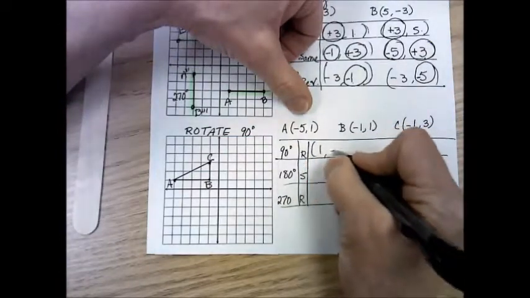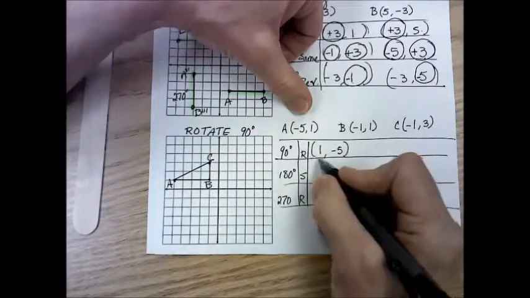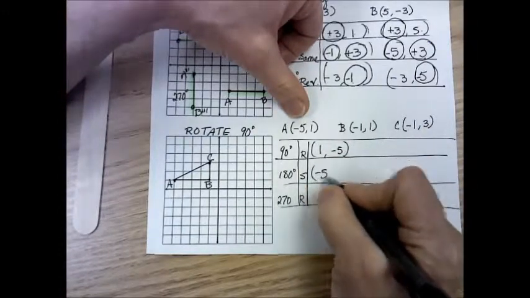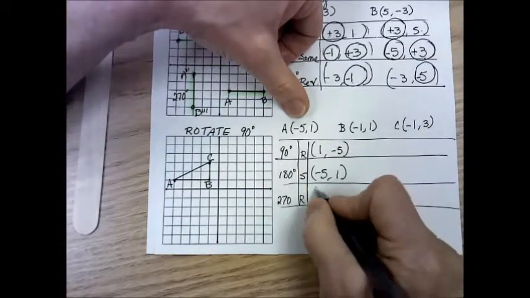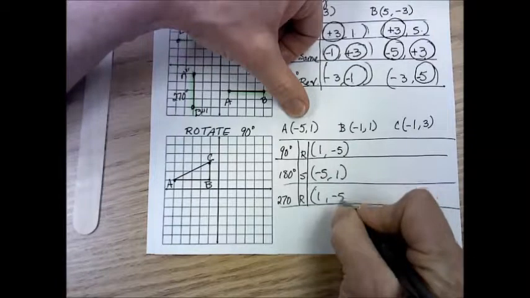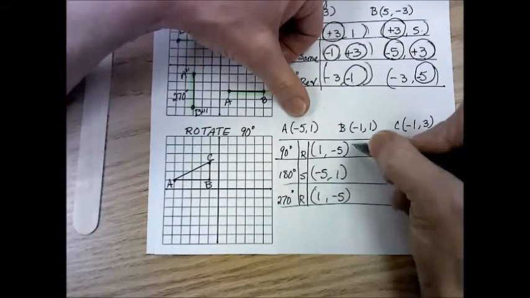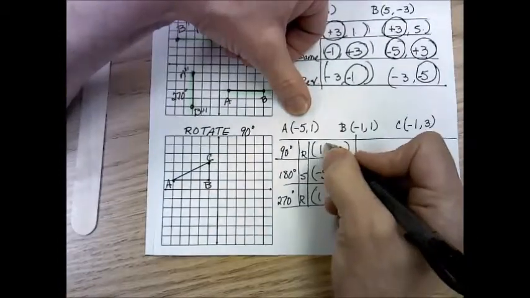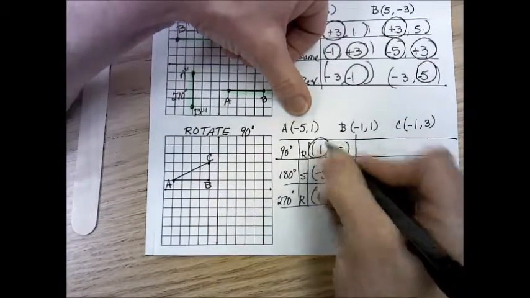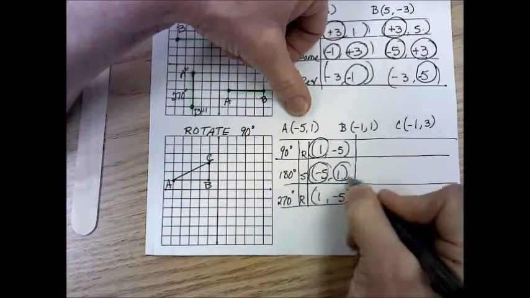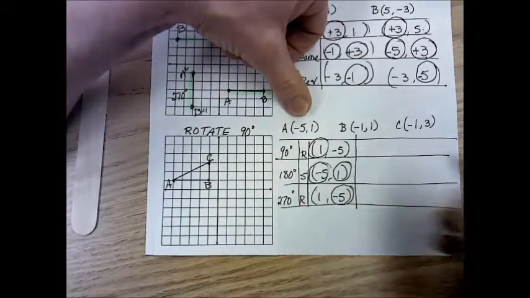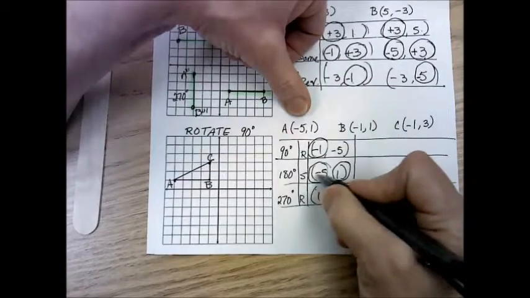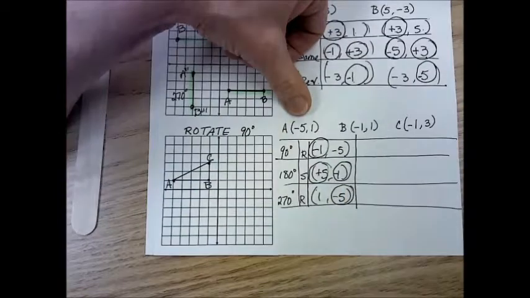So I'm going to have a 1 and a -5. Now I'm going to keep them the same here, and then I'm going to reverse them for my 270. Then I have to go back and change my x and my y. So this becomes negative, this becomes +5, -1, and this becomes +5.